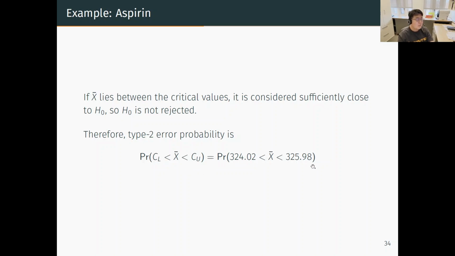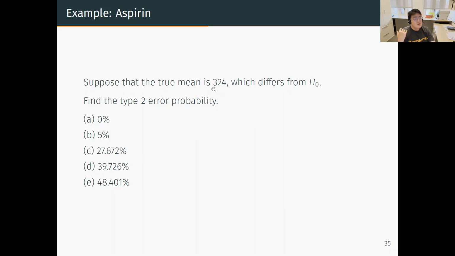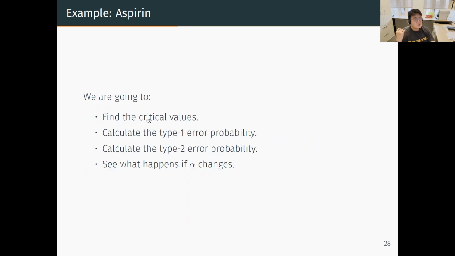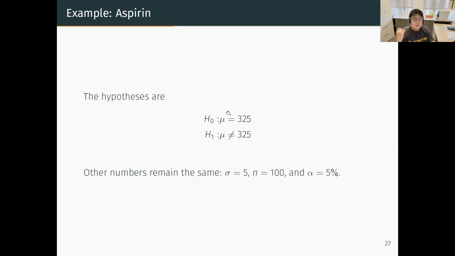But here, another thing you need to think about is that type 2 error happens when you don't reject and at the same time the null hypothesis is wrong. Then you have to set up how wrong your null hypothesis is. Our null hypothesis is 325. Then we have to choose one number that is different from 325.